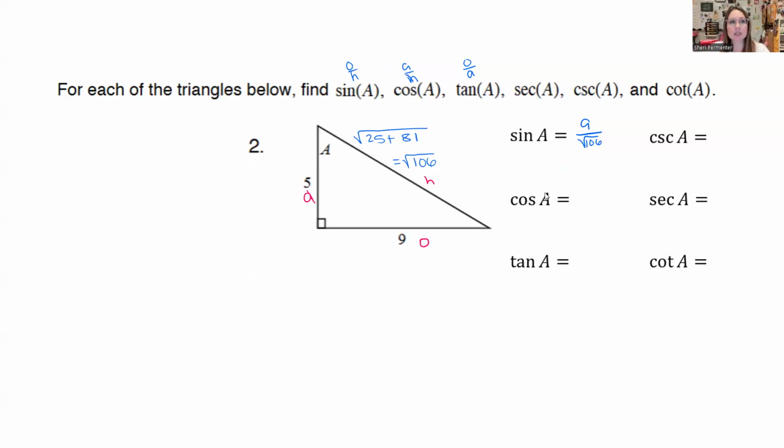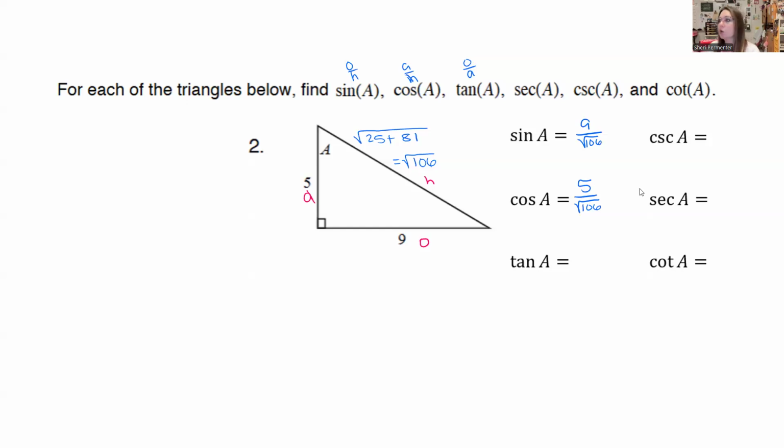From here, cosine is adjacent over hypotenuse, so 5 over the square root of 106. And tangent is technically sine over cosine.